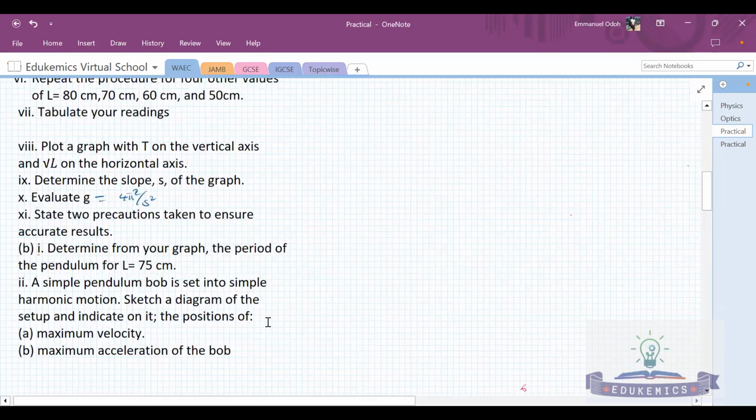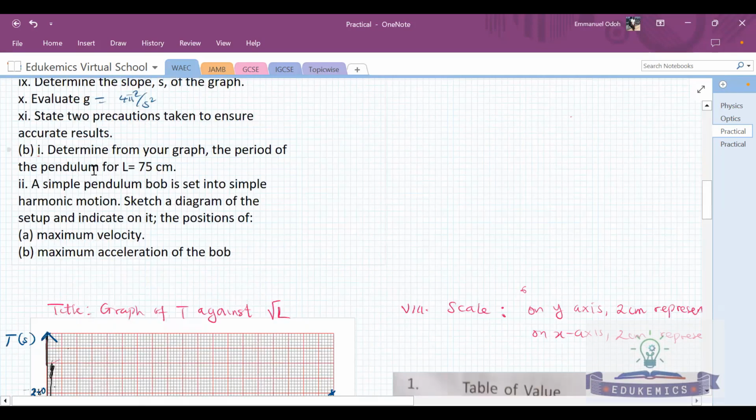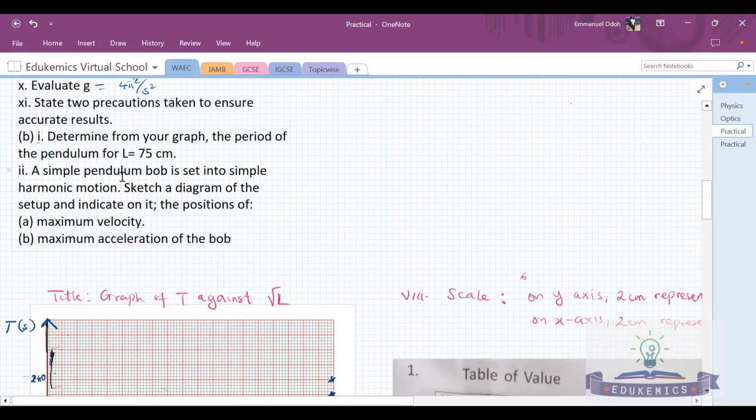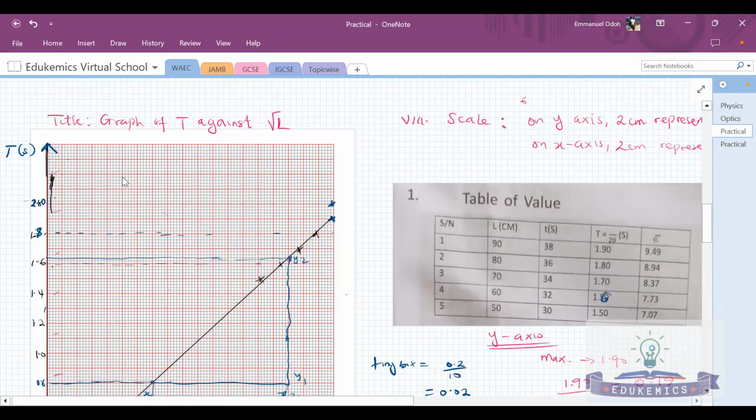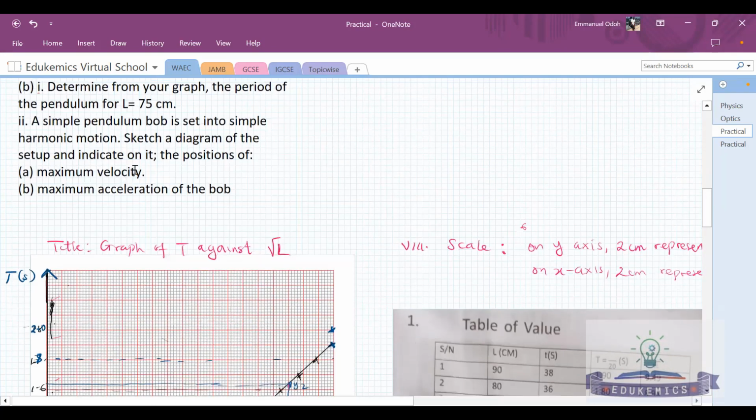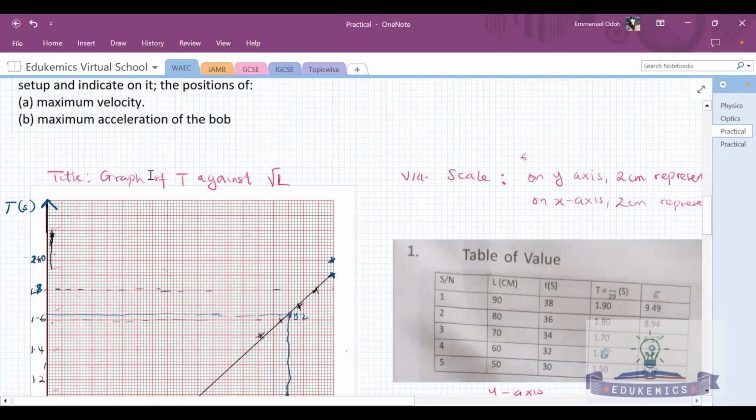So the other question: determine from your graph the period of the pendulum for L equals 75. So go to the length L, 75 centimeter.